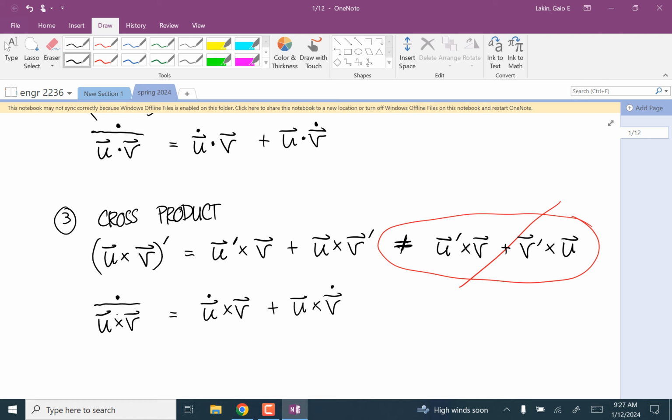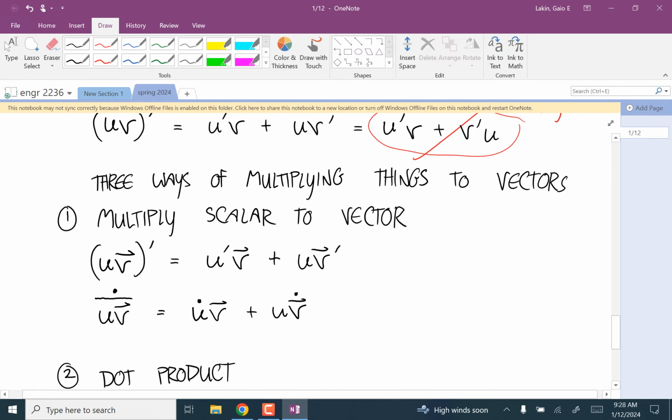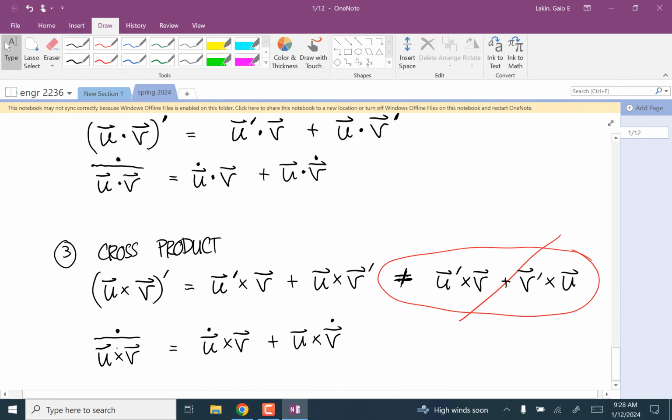So u cross v is the inverse of v cross u. That's right. So this second term gives you the opposite of what you want. Not that I would do it, but if you did u dot cross v minus v dot cross u, that would work. But don't anybody ever think of it that way. Okay, any questions about that?